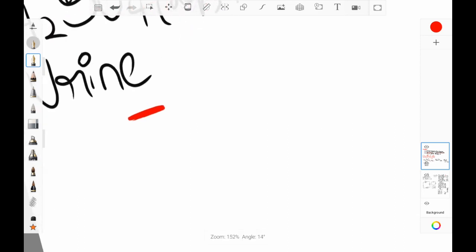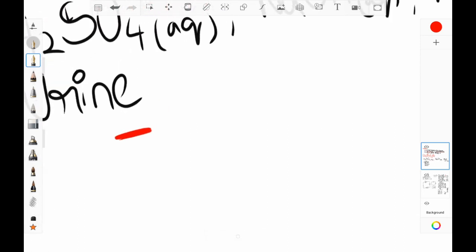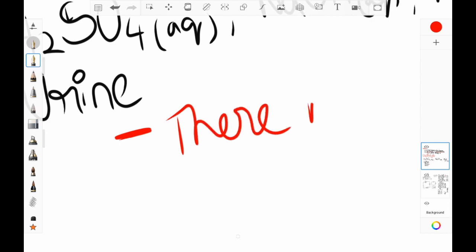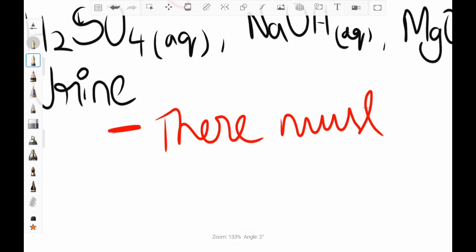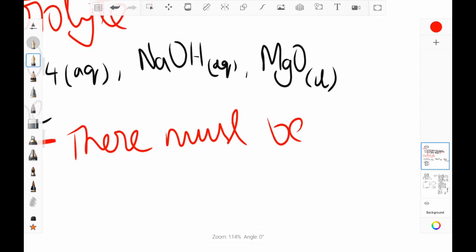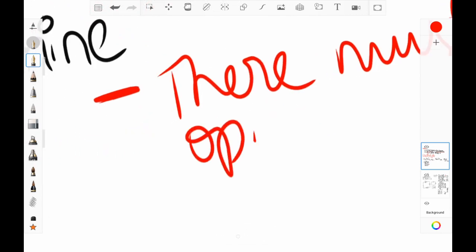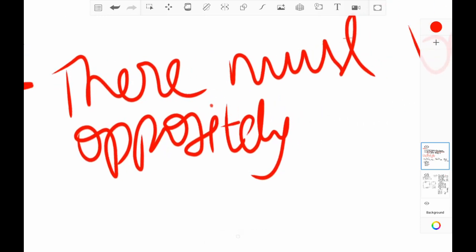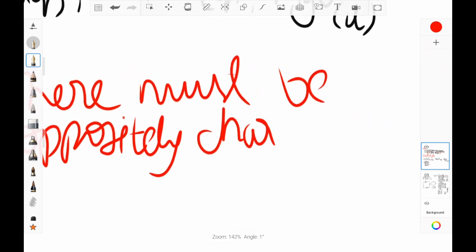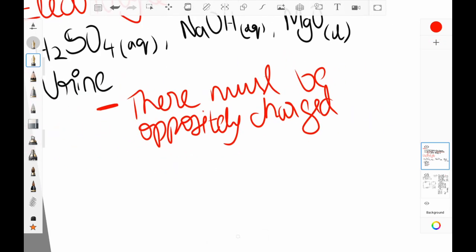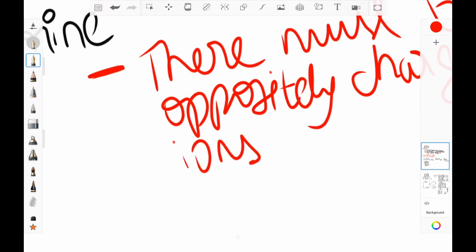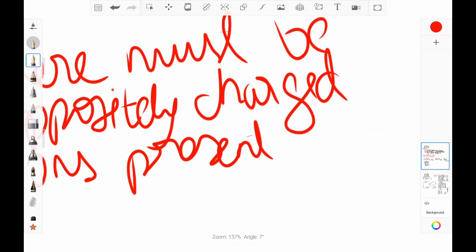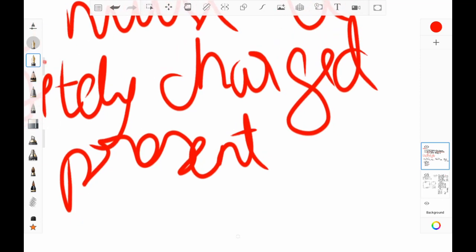Number one, it must have oppositely charged ions present, and this is to say that an electrolyte must contain both cations and anions.